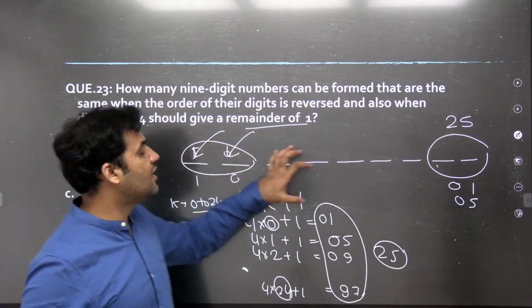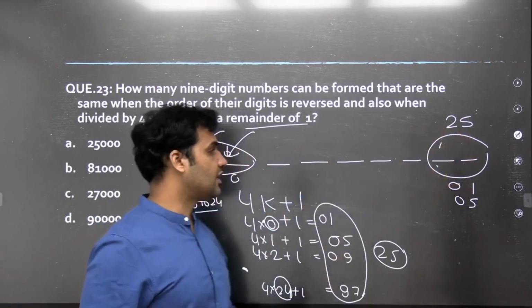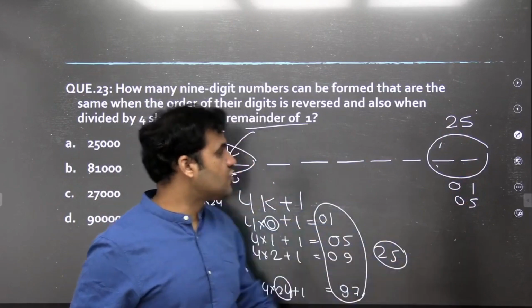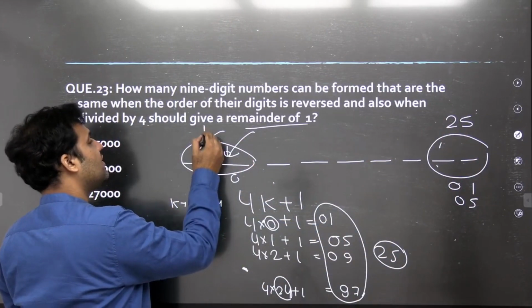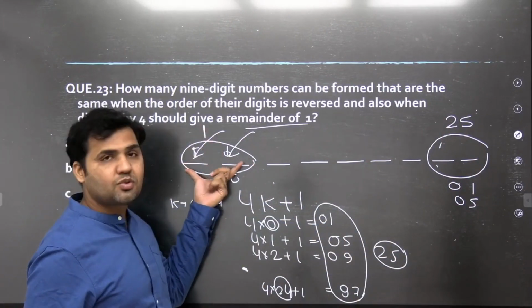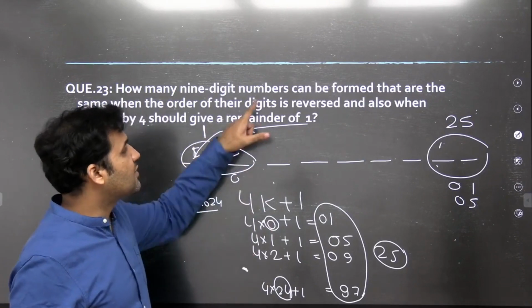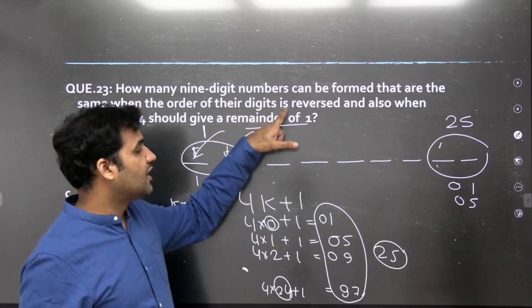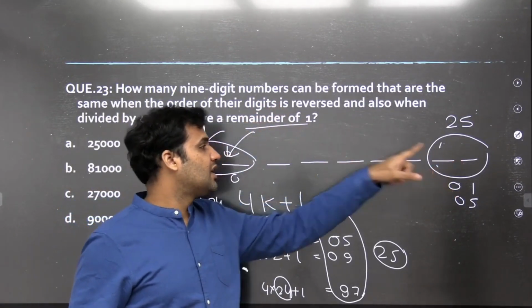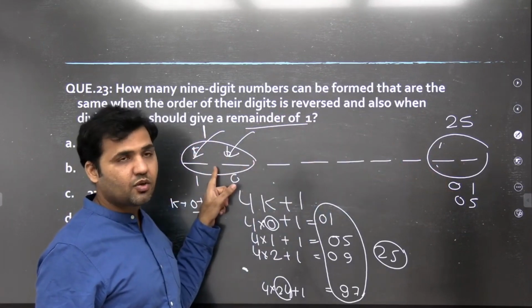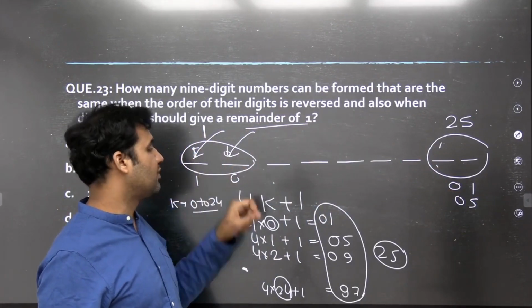So if this place can be filled in 25 ways, the first two digits can only be filled in one way, because I am looking for palindromic numbers. Whatever digits are coming over here, the same digits are supposed to come over here. You don't have any choice for the first two places.